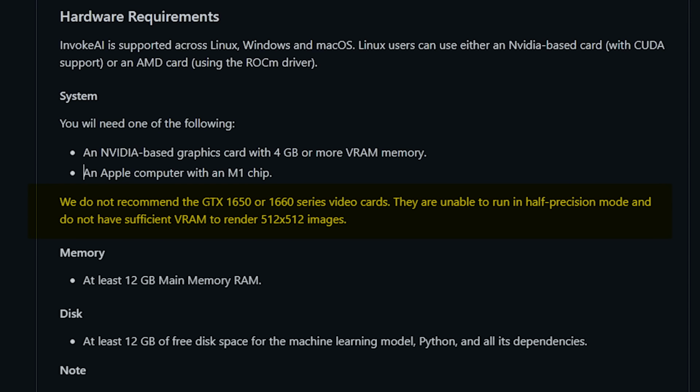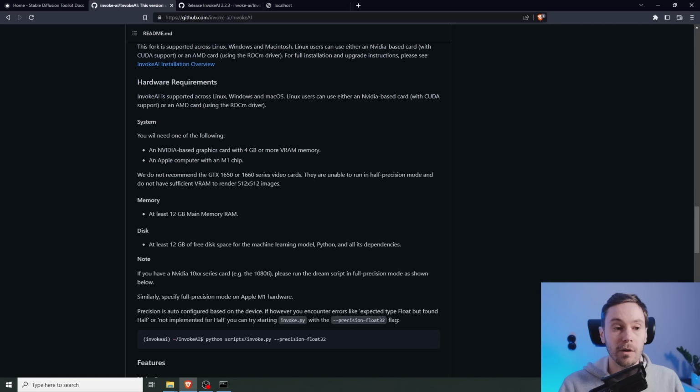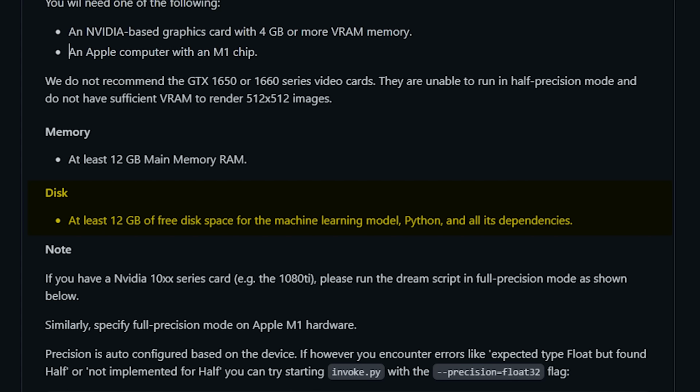It says here they don't recommend the GTX 1650 or the 1660 series video cards, as they are unable to run in half precision mode and do not have sufficient VRAM to render 512 by 512. If you are on these cards, you could try, obviously, but Automatic probably works better for you then. You're gonna need about 12 gigs of disk space for the machine learning model and Python and all its dependencies, but these are all gonna be automatically installed.